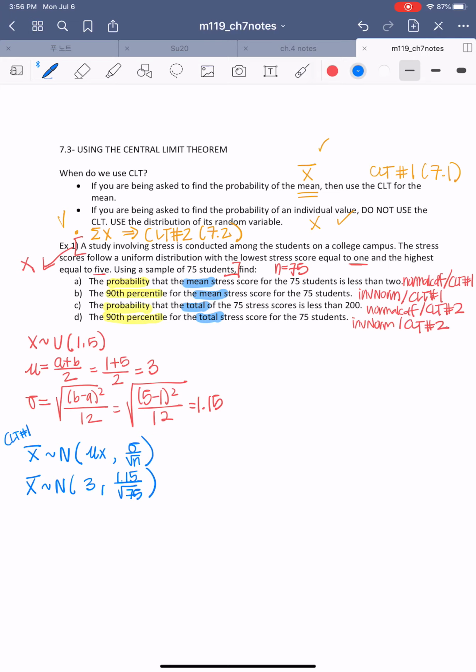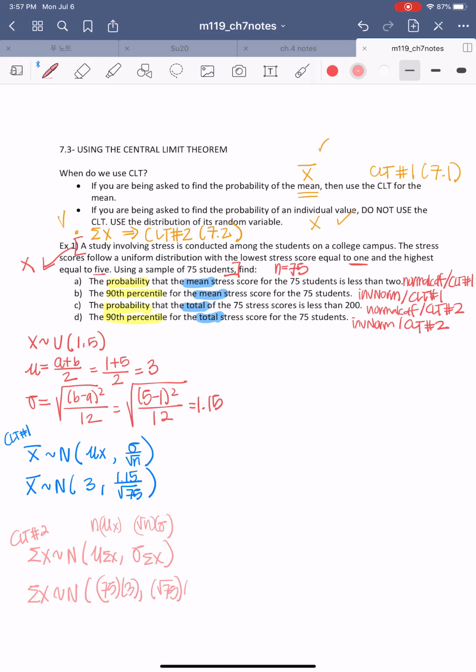So the sum will be equal to 75 times mu of x, that's 3, and then square root of 75, our sigma was 1.15. 75 times 3 is 225, and then we have 9.96.